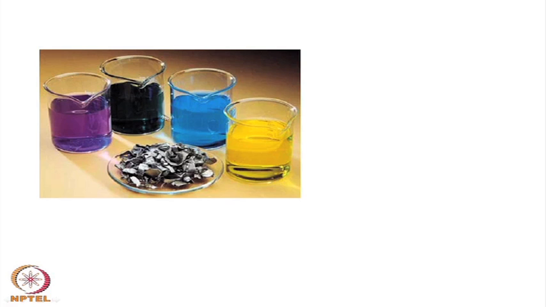Now if we modify the corresponding ligand system or the oxidation state of the metal ion, we get all these different colors. In the VIBGYOR spectrum we have 6 basic colorations, but from a single metal itself we are able to get 4 such colors, and these are very beautiful colors which can be prepared.